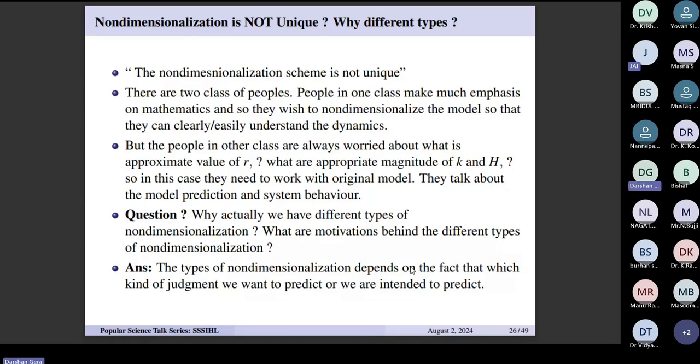They want the same parameters and their units, so they are not interested in the non-dimensionalization. But there is a class of people, the mathematicians. They want to simplify the system, make the system much easier, so that they can analyze the system easily. This is the reason I told you that depending on the goal of the study, you will have different kinds of non-dimensionalization schemes for a given model system.